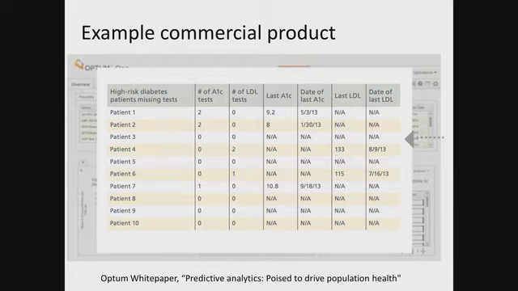And you see that for each patient, we're listing the number of A1C tests, the last time, the value of the last A1C test, the date it was performed. And in this way, you can notice, oh, this patient is at high risk of having diabetes, but look, they haven't been tracking their A1C. Maybe they have uncontrolled diabetes. Maybe we need to get them into the clinic, get their blood tested, see whether maybe they need a change in medication and so on. So in this way, we can stratify the patient population and think about interventions that can be done for that subset of them.